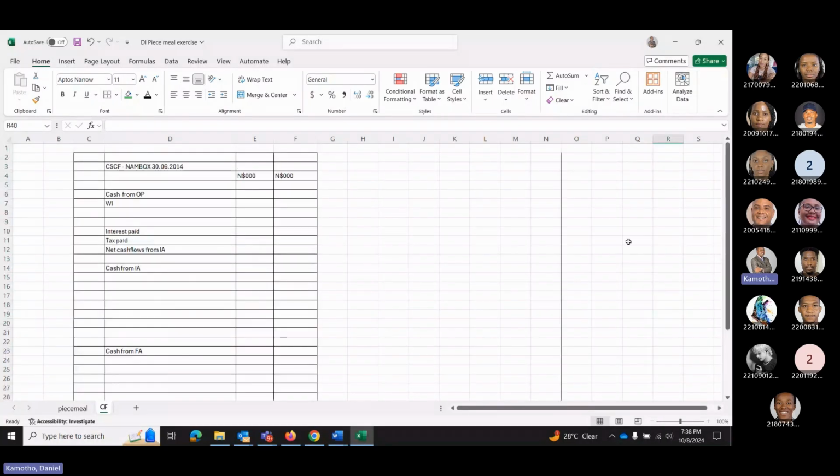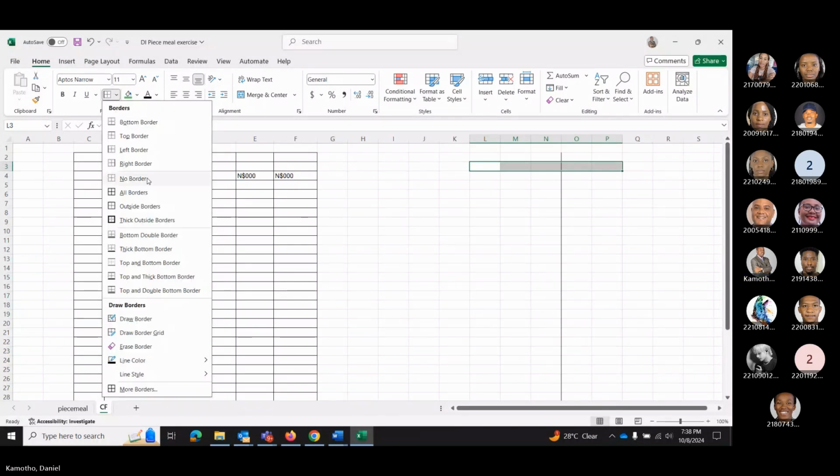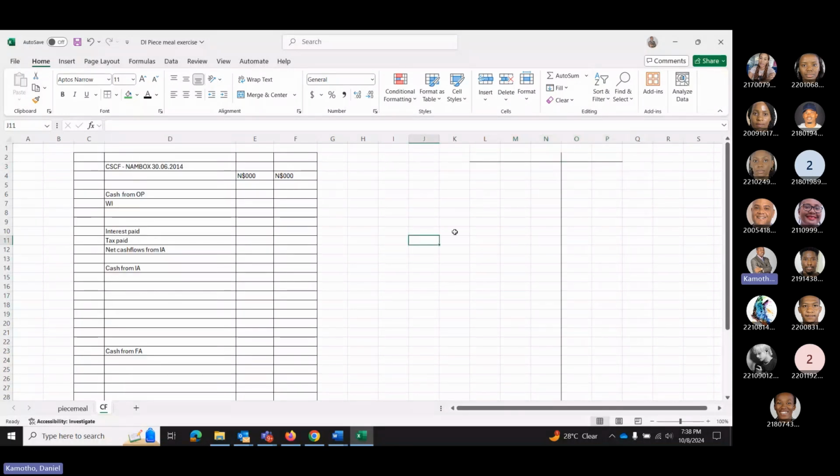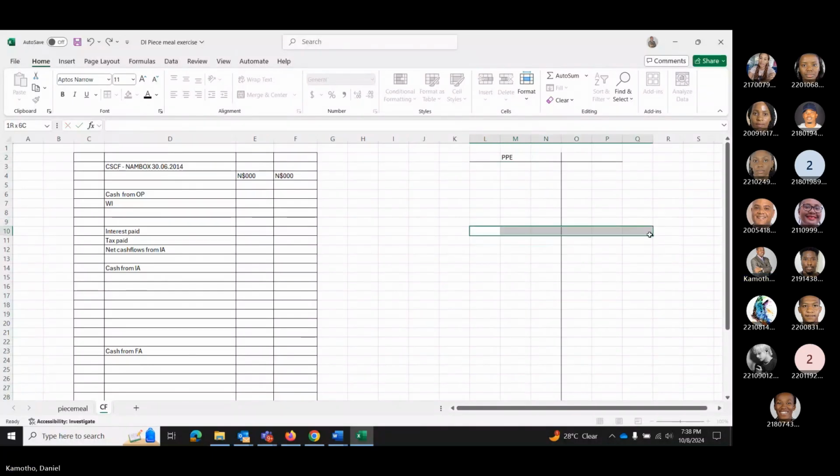This is what I'll set up. So one we say it is PPE and intangible asset. PPE, and then we'll have another one. Let me set it here. I call it intangible asset. So those are the two accounts we need to set up.